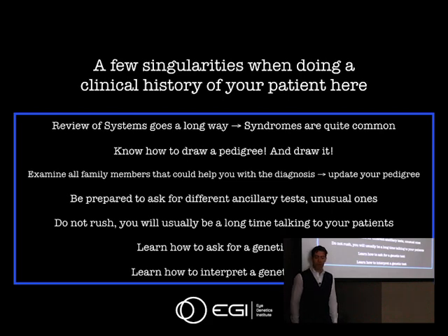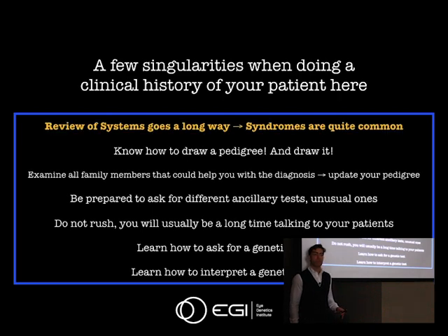A few singularities when we do our clinical history taking on patients with genetic eye diseases. It is very, very important, it is crucial that we make a very comprehensive and complete review of systems. And why do I say that?